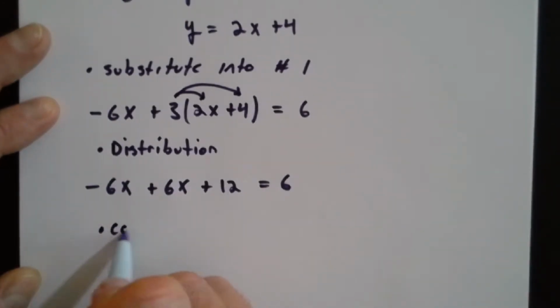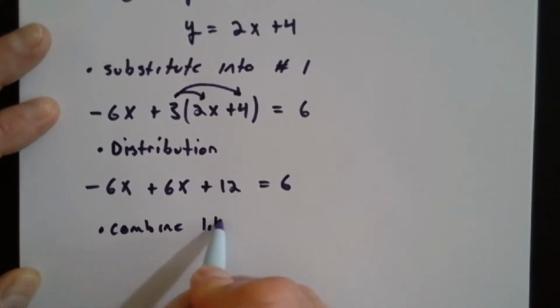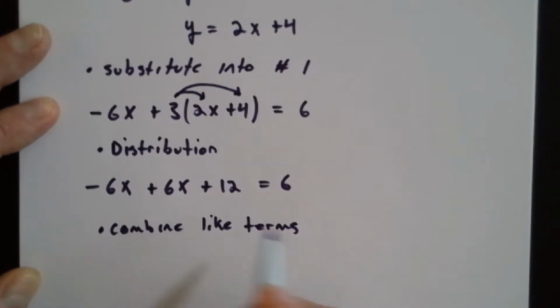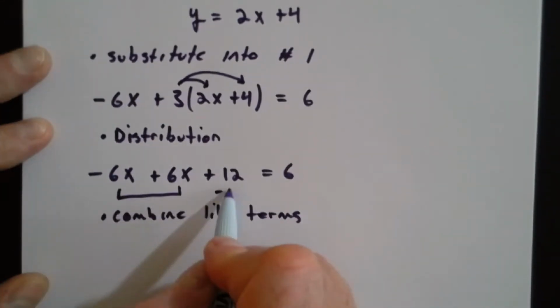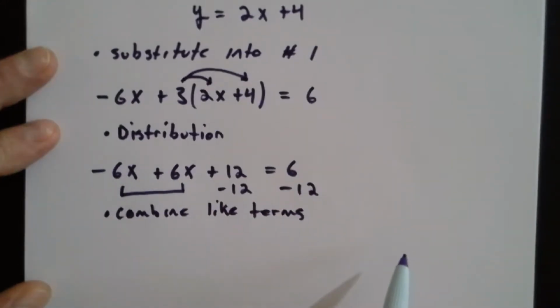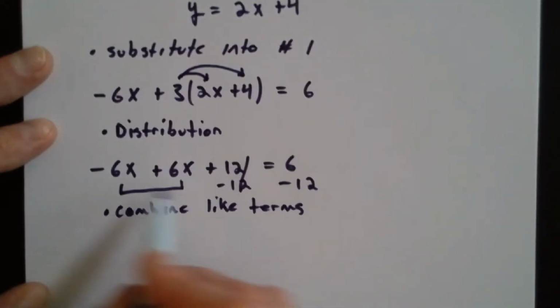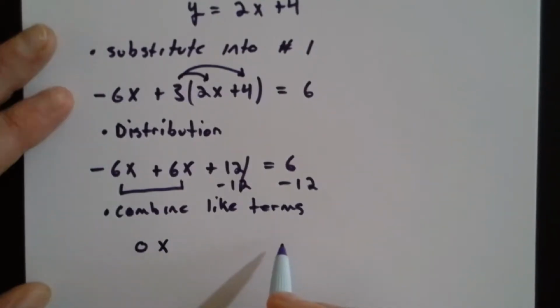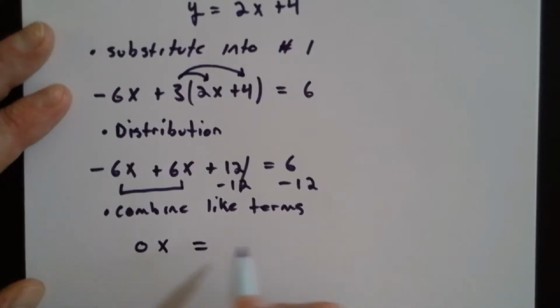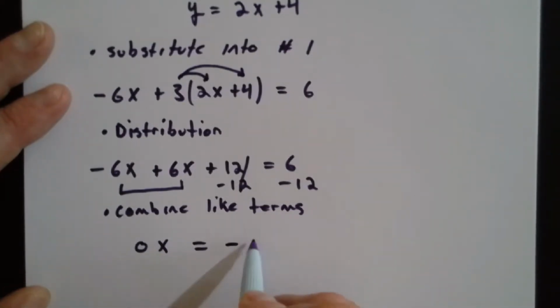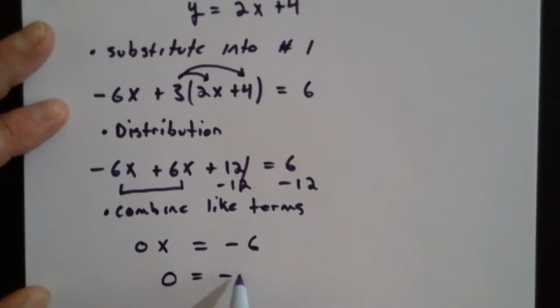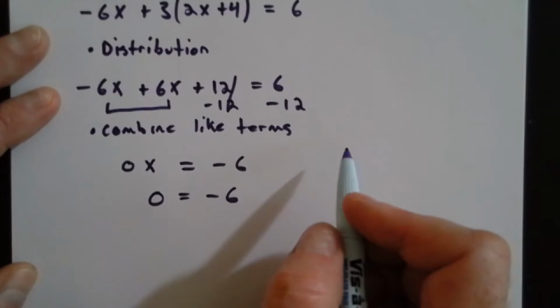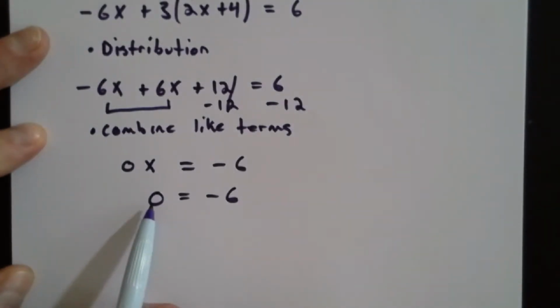Combine like terms. And we get 0 is equal to negative 6.